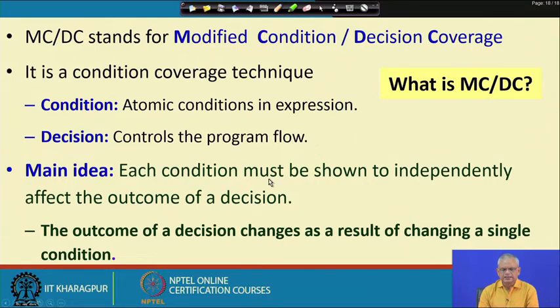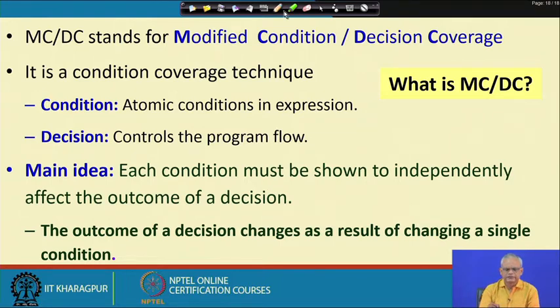The main idea in the MCDC testing is that given an expression having multiple atomic expressions or conditions, each condition must be shown to independently affect the decision.